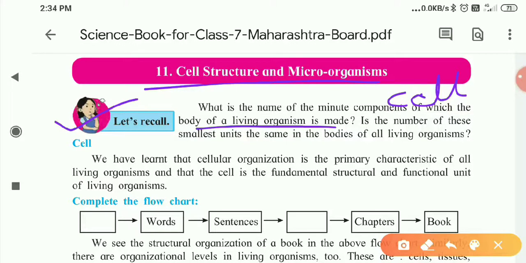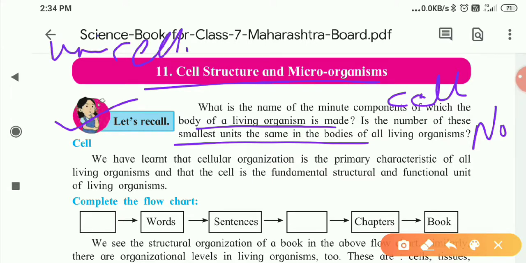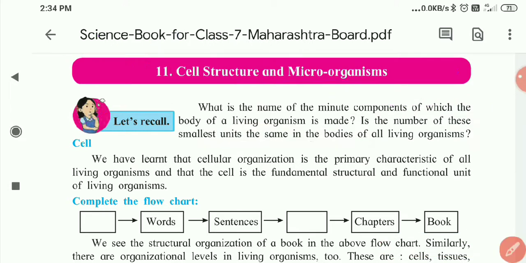Is the number of this smallest unit the same in the bodies of living organisms? You all know the answer is no. Some organisms are unicellular, and examples are amoeba, paramecium, euglena.